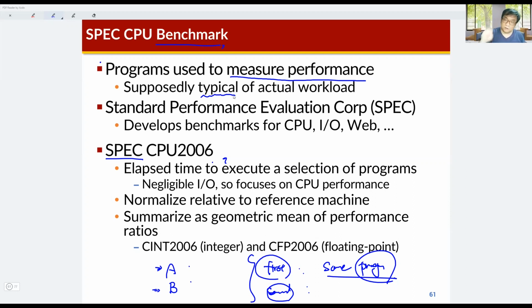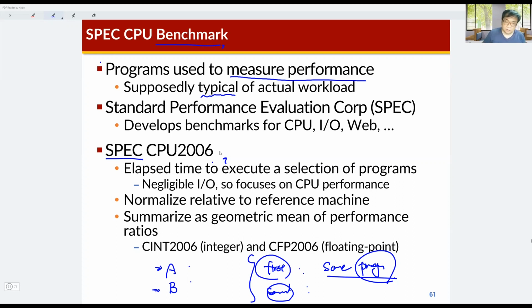So we select the typical workload, the typical applications from the various types of applications, and then we make the benchmark applications. One of the most popular benchmarks for CPU performance is the SPEC Benchmark.